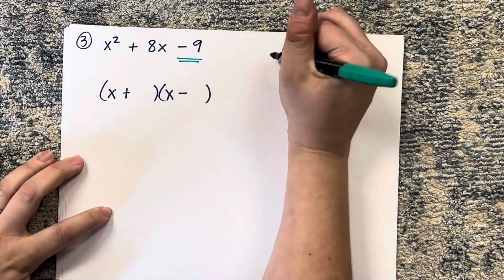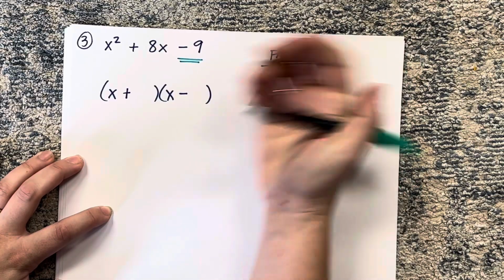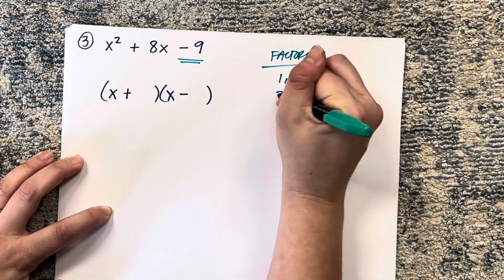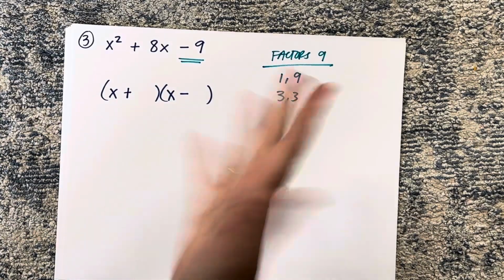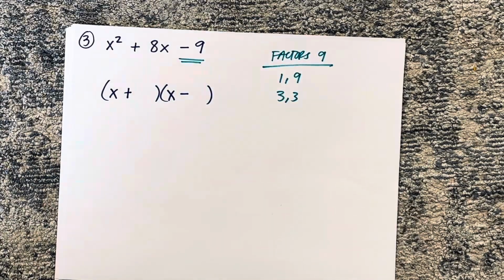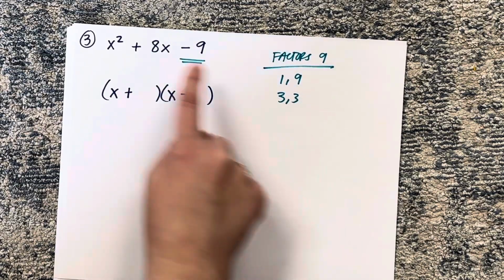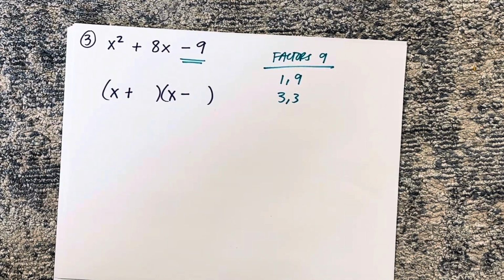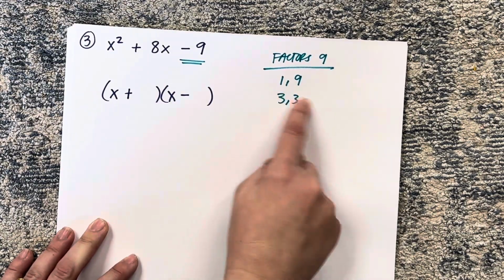So I'm going to look for factors of 9. I've got 1 and 9, and 3 and 3. And if you're looking at this going, well, this is not factorable, because 1 plus 9 is 10, that's not 8, and 3 plus 3 is 6, and that's not 8. I hear you. But now, since we have opposite signs, that means we're taking the difference.